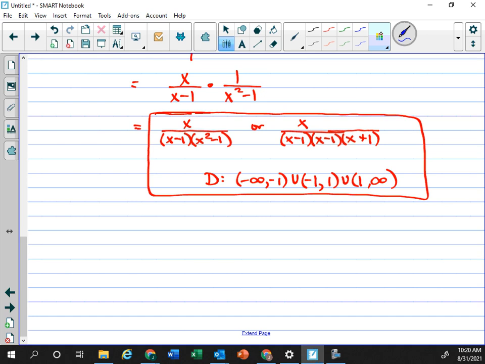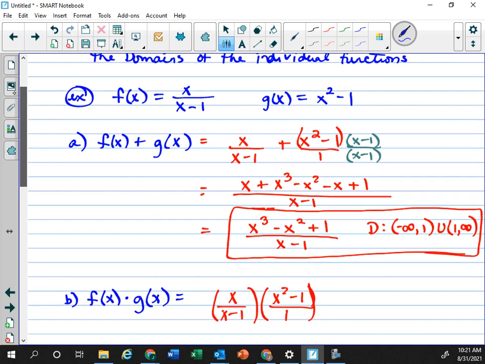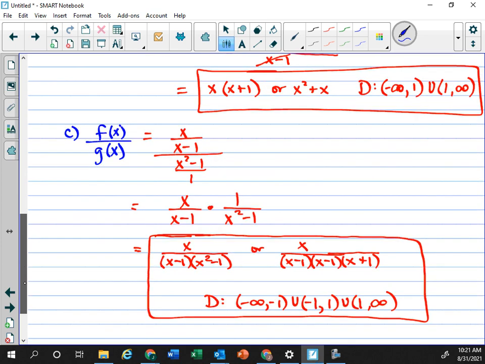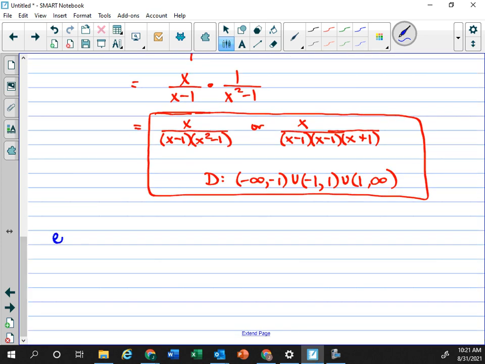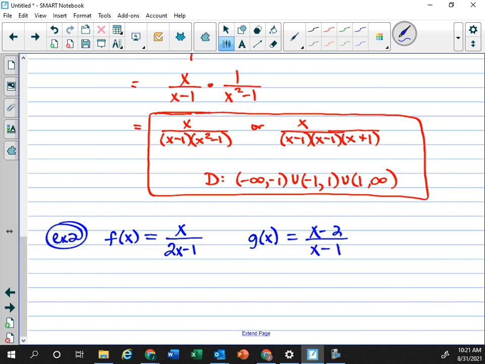All right, questions so far? Okay, let me give you a couple of new functions, and then we'll do 2 more of these. So I guess that was example 1. So this time your f of x is equal to x over 2x minus 1, and g of x is equal to x minus 2 over x minus 1.